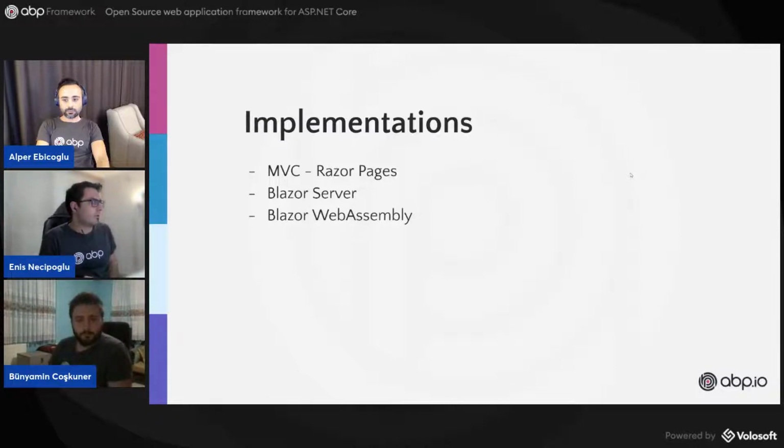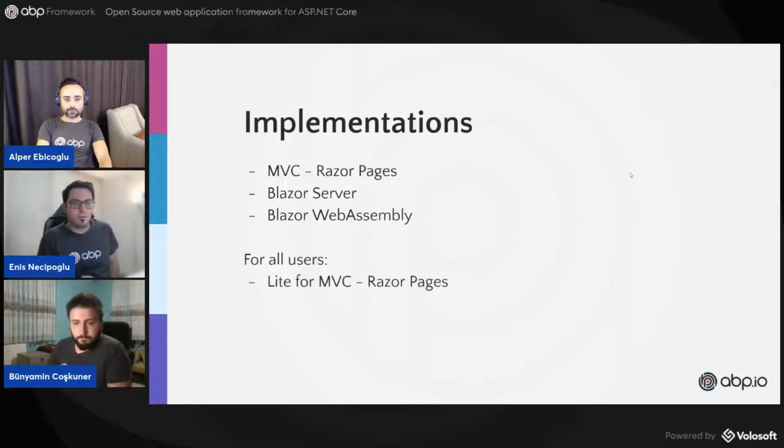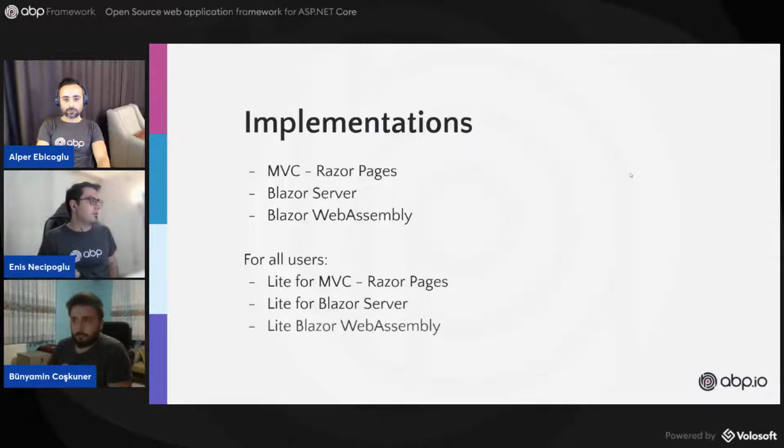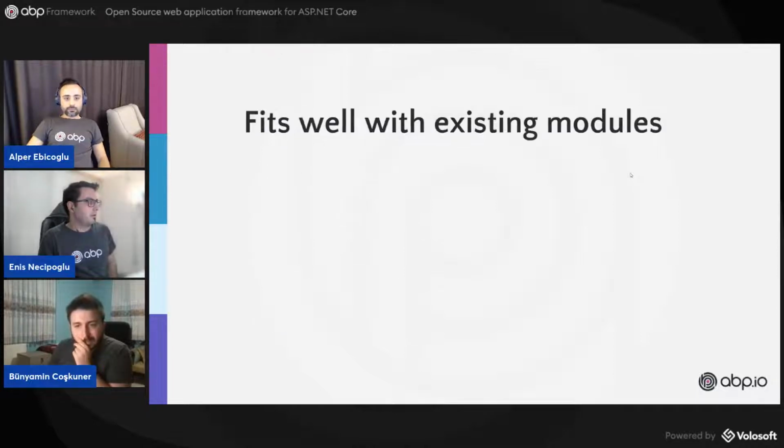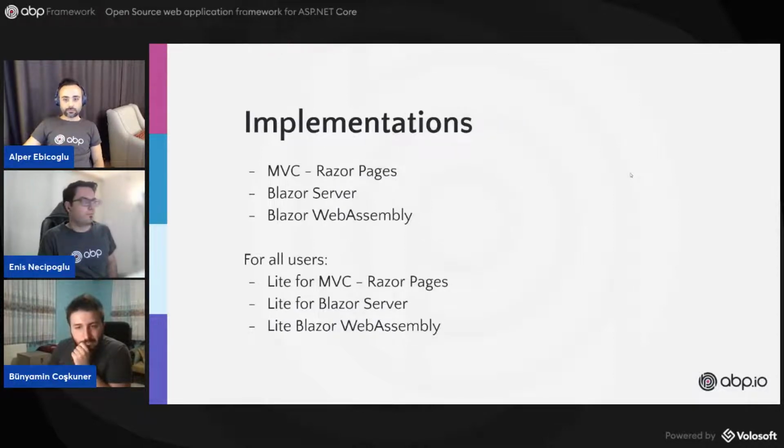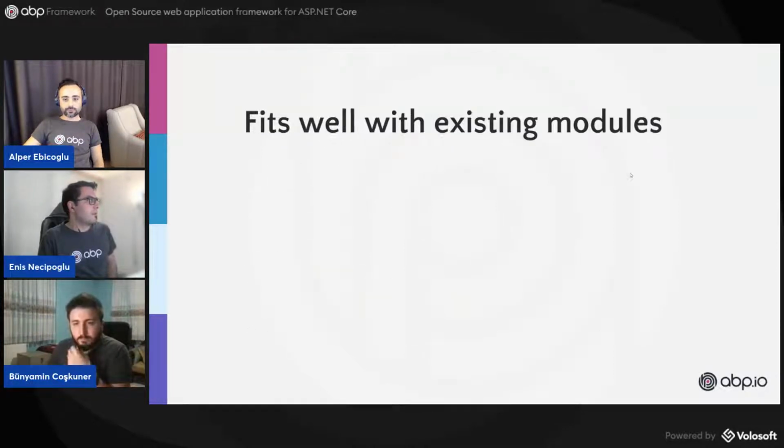Pro version is already implemented in MVC, Blazor Server, and Blazor WebAssembly. Also, for all users, not just our commercial users, we have the Light version. The Light version is also included in the same Razor pages because it's MVC UI. Blazor Server and WebAssembly will be available for all ABP users.